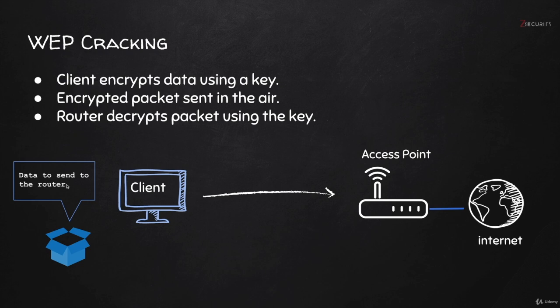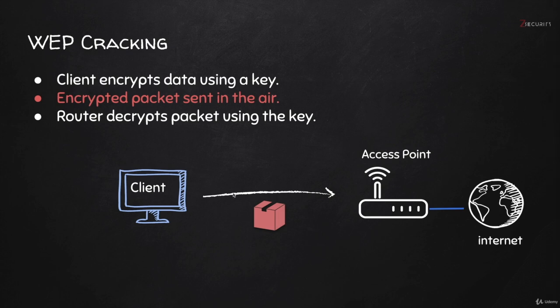Therefore, this normal text will be converted into gibberish, as you can see here. This encrypted packet will be sent into the air. So if a hacker captures this packet, as we've seen before, if we open it, we'll see that it's full of gibberish. Even though it actually contains useful information, we won't be able to read it because it's encrypted.